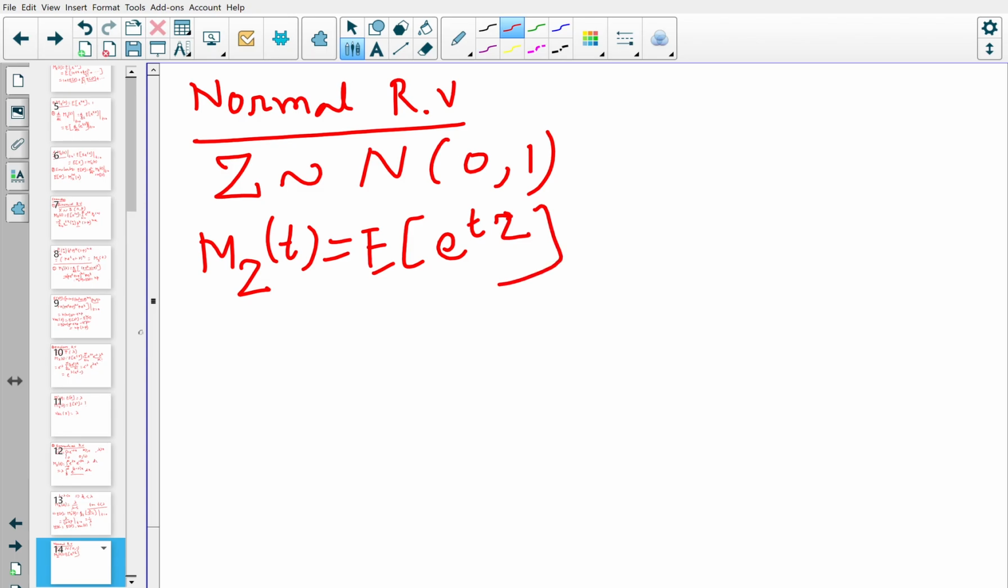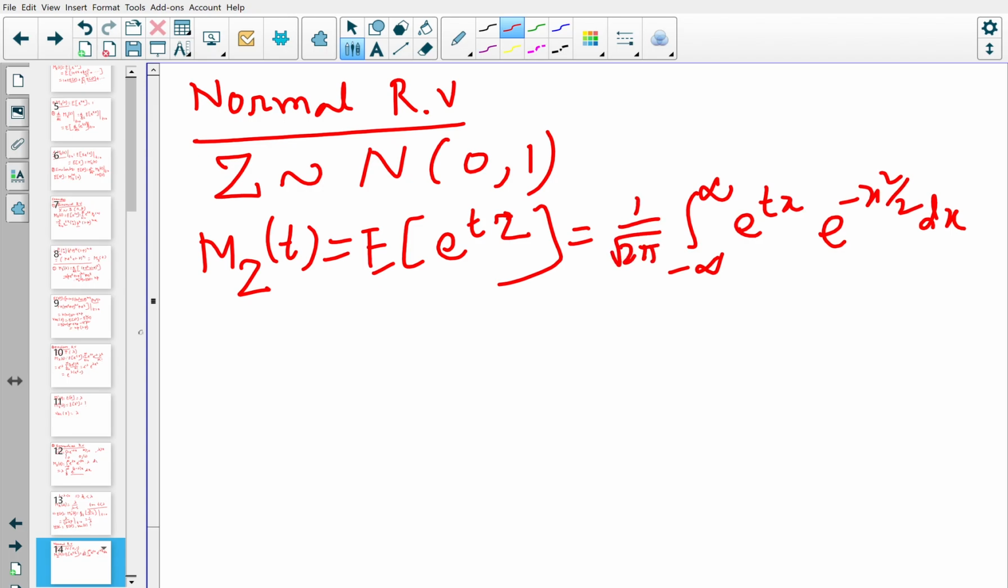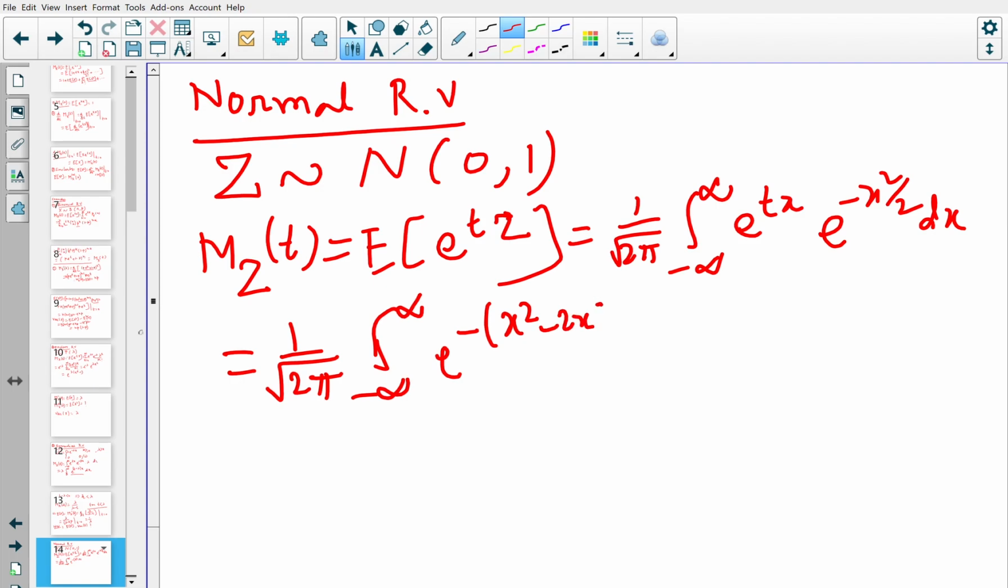Suppose Z takes value x, so it is the integral from minus infinity to plus infinity of e power tx times the PDF of the standard normal, 1 by root 2 pi, dx. We already know this from previous classes, and you can write it as the integral from minus infinity to plus infinity of e power minus (x square minus 2xt) by 2 dx. Clear?